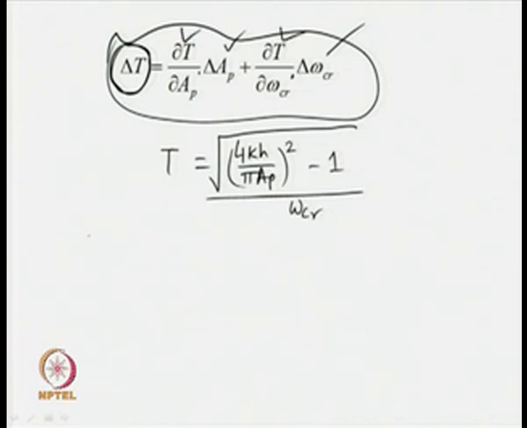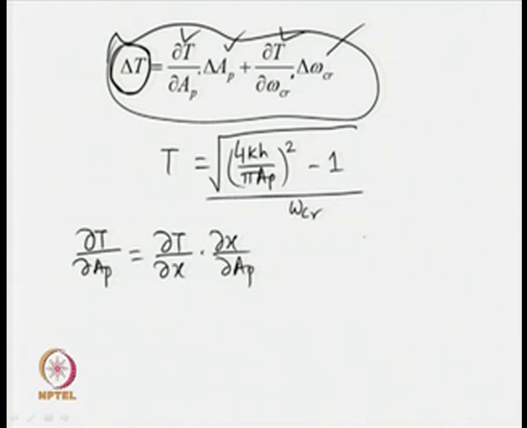So, let me first find the partial derivative del T upon del a p. To find this one again I will make use of del T upon del x times del x upon del a p, where x is equal to 4 k h upon pi a p.